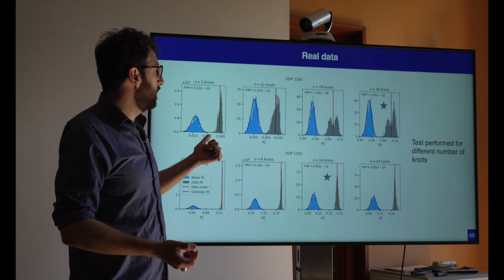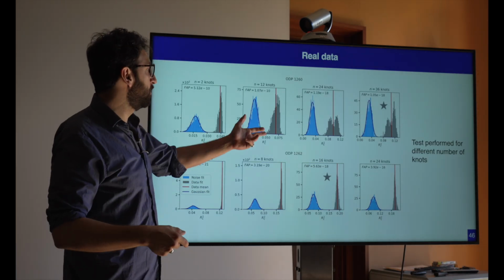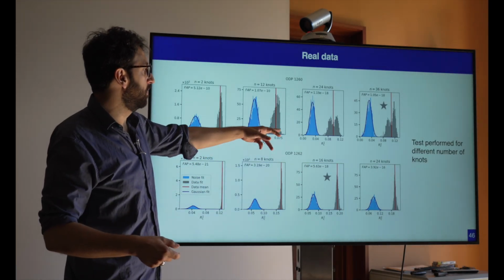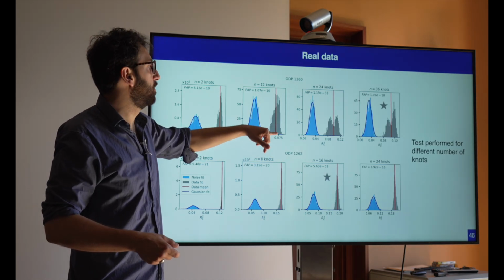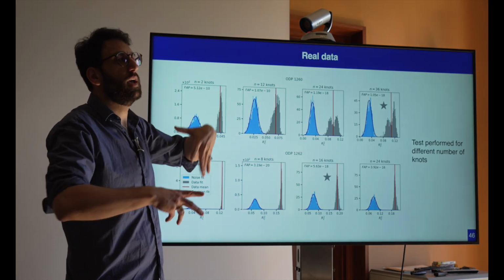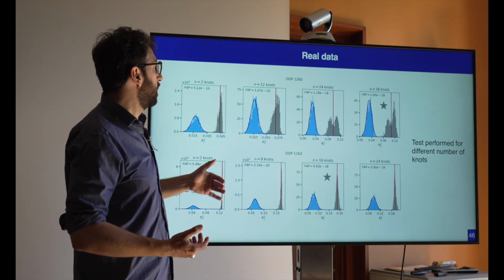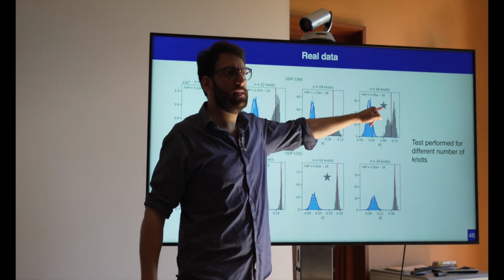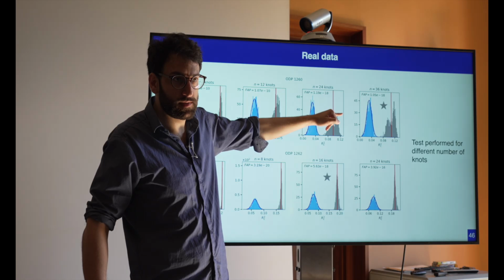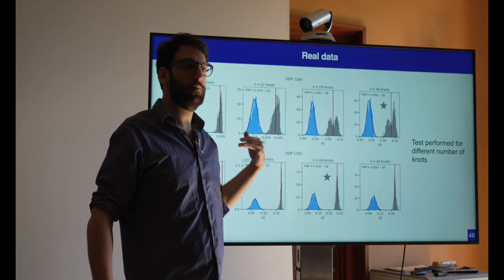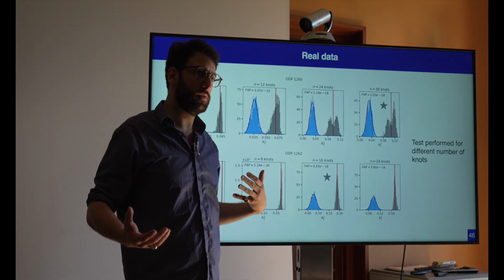And here it's similar. You can reject the hypothesis that the data is AR2 noise, but you can't reject the hypothesis that it's any type of noise. So the fact that it's 10 to the minus 18 is reassuring. If it was 10 to the minus 3, for example, I would be much less confident that this is not noise.